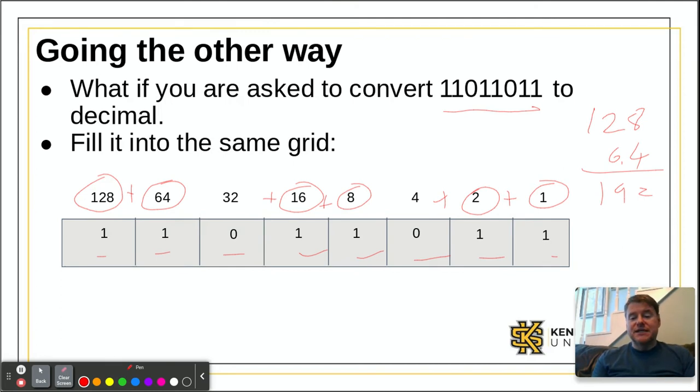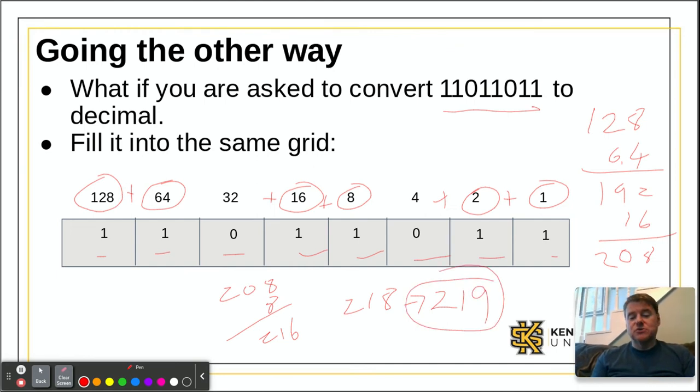And then I'm going to add to that 16, and that's going to be 208. And then I'm going to add to that 8. So 208 plus 8 is going to be 216. And I'm going to add to that 2, which is going to be 218. And I'm going to add to that 1, and I get 219.